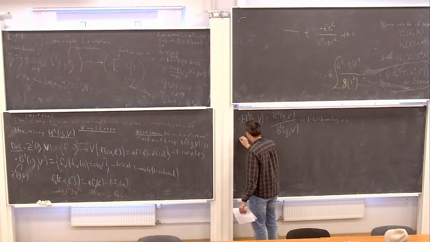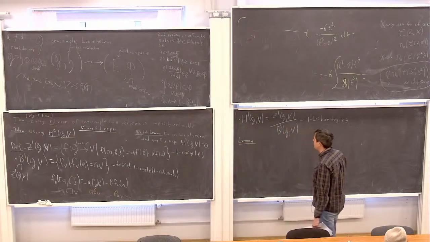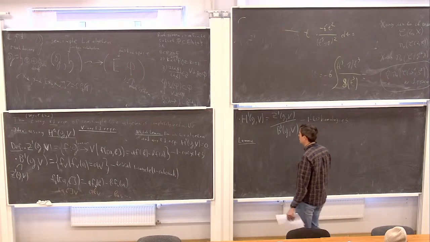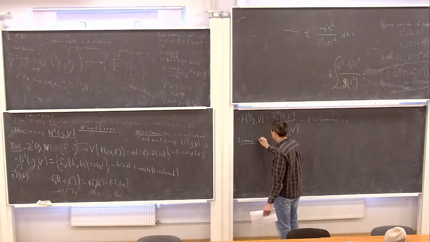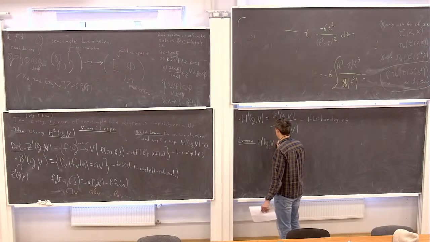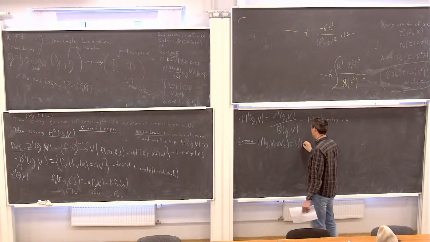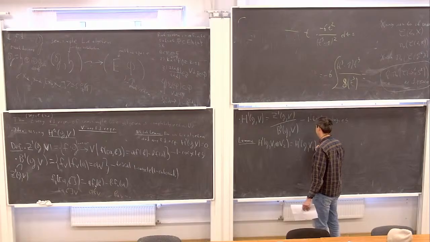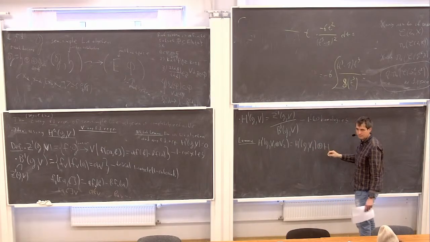Now, our purpose is to prove that the first cohomologies are zero. But first of all, if you have a direct sum, then probably the following is true. These are all vector spaces.